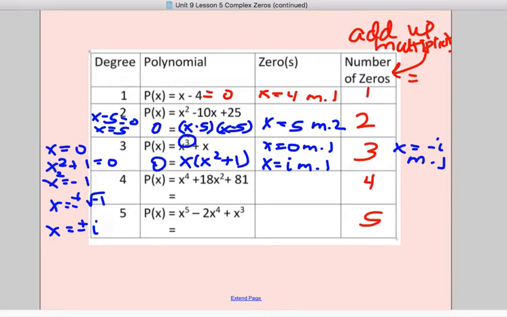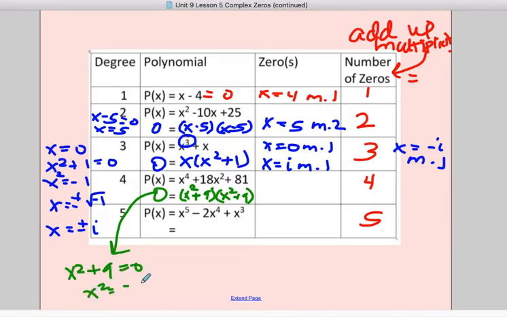Okay. Then I would go ahead and look at example or problem 4 with a degree of 4. I would set it equal to 0. And then I would try and factor it. Since there's an x to the 4th in the front, I would go x squared and x squared. Then what multiplies to 81 but adds to 18? We'd have 9 and 9. Okay. I would solve this. I would take my x squared plus 9 and set it equal to 0.